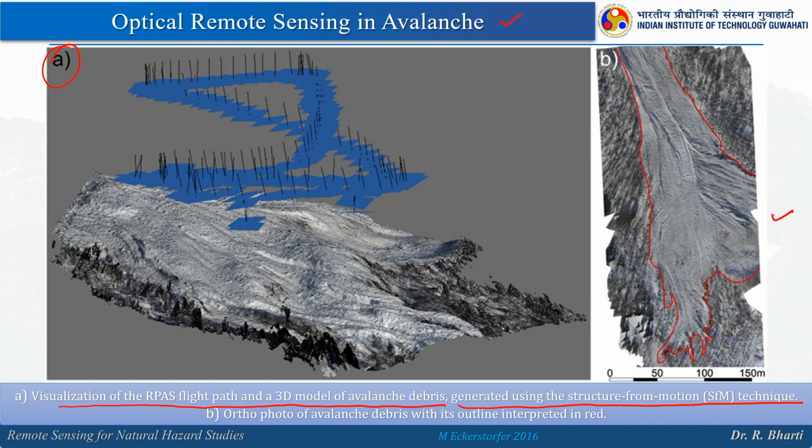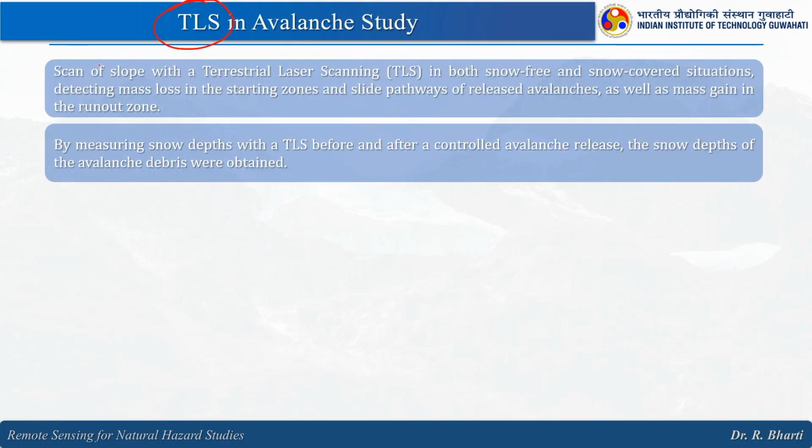And this particular image is the orthophoto of avalanche debris with its outline interpreted in red. So, this is the boundary of the avalanche, right. Now, let us talk about the TLS, terrestrial laser scanning.